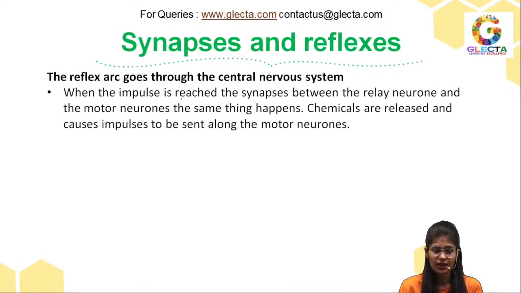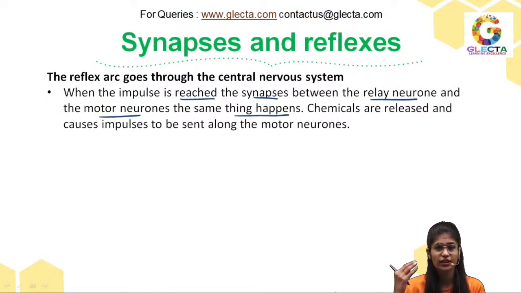When the impulses reach the synapse between the relay neuron and the motor neuron, they do the same thing. When the nervous system has told you what to do with it, the signals come back and tell you how to respond. These chemicals will be released and cause the impulse to be sent along your motor neurons.